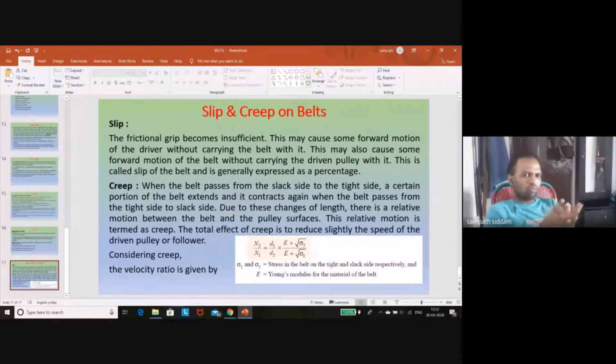So the difference of those two gives you the slip. Slip can be positive or negative. It is positive when your actual is less than your theoretical one, and if your actual is greater than your theoretical one, then your slip will be negative.